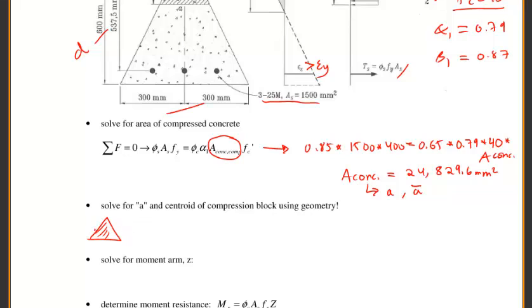So we just found this area is equal to 24,829. And this is the A value, and because the base is 600 and the height is 600, I know also this is A. So 24,829 is equal to A times A over 2, so it's equal to A squared over 2.